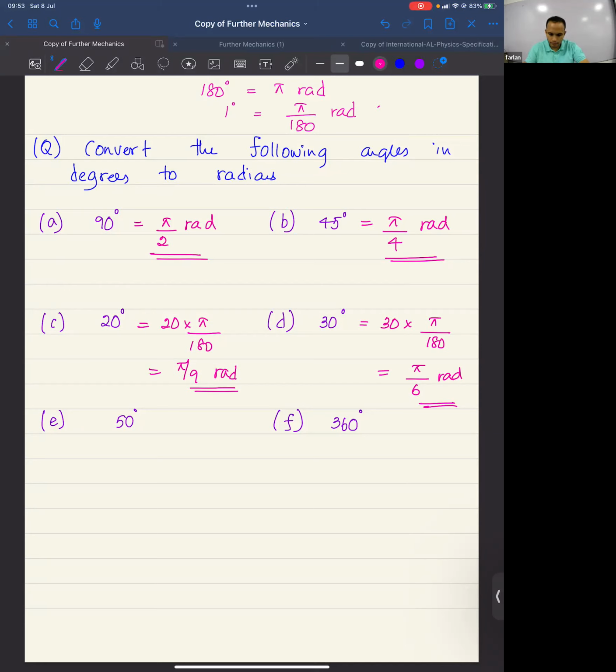Okay. 50 will be 50 into pi over 180, which is 5 pi over 18 radians. If you want, you can give the decimal answer as well. 5 pi over 18 will be 0.873 radians.